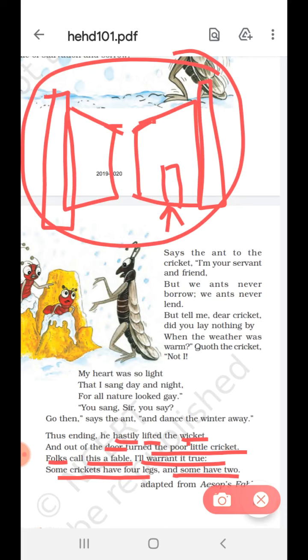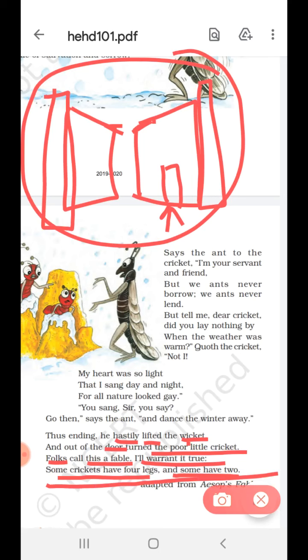That means the poet says that this is not only a fable, not only an imaginary story, but this is also a real story because it happens in our day-to-day life. There are many people who are no less than the cricket. Now see your last line: some crickets have 4 legs and some have 2.